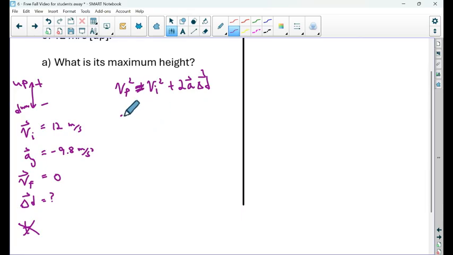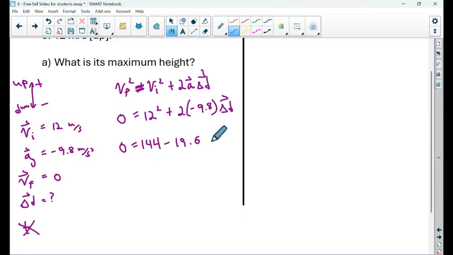Okay, final velocity is 0, initial velocity is 12, and I got to square that. 2 times my acceleration due to gravity is negative 9.8. My displacement is the one I want to know, so that's still in there. Let's clean this up a little bit. 12 squared is 144. I'm subtracting 19.6, which is 2 times 9.8, times the displacement.